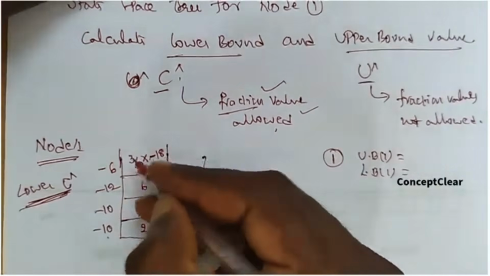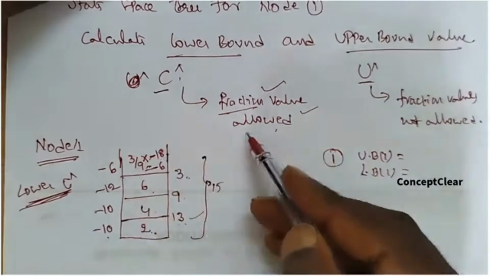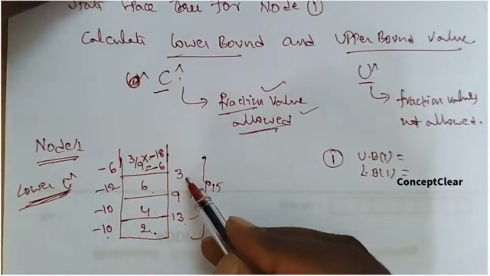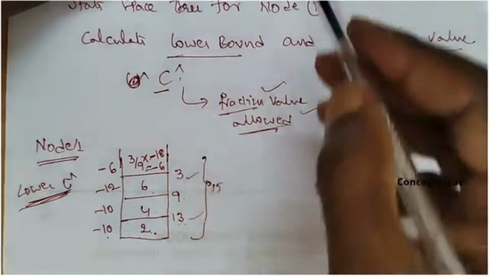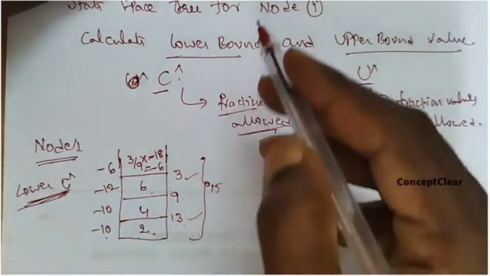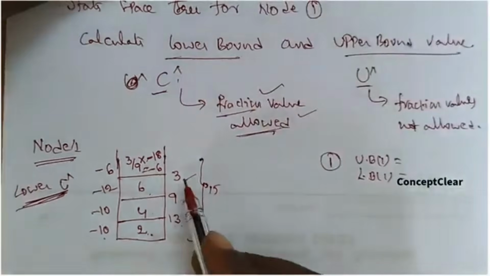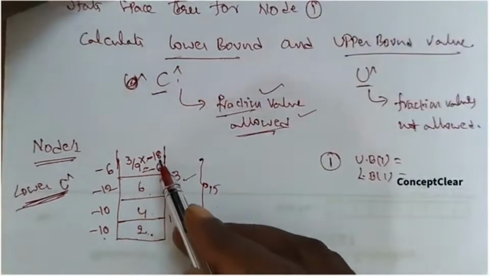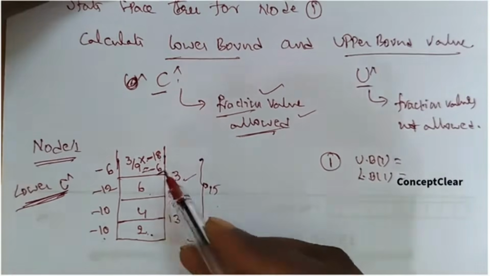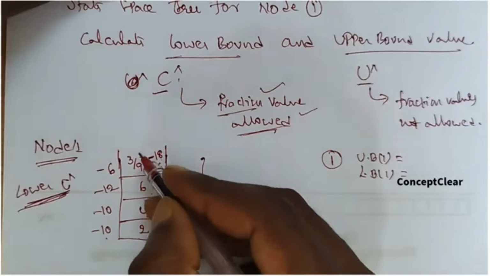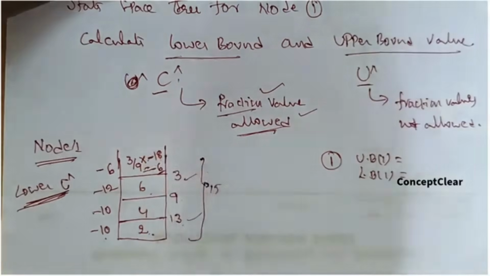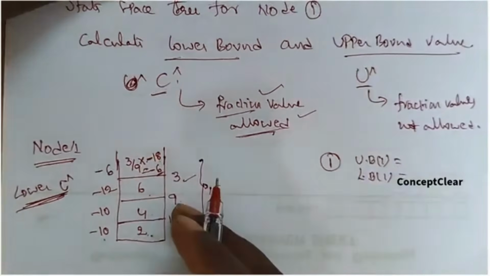When finding the lower bound, we can consider fractional values. The remaining balance is 3, but the available weight is 9, so it is not possible to place it whole. So 3 by 9 into minus 18 equals minus 6. Here we are placing the fraction value, a profit of 6. Like that we have to consider.